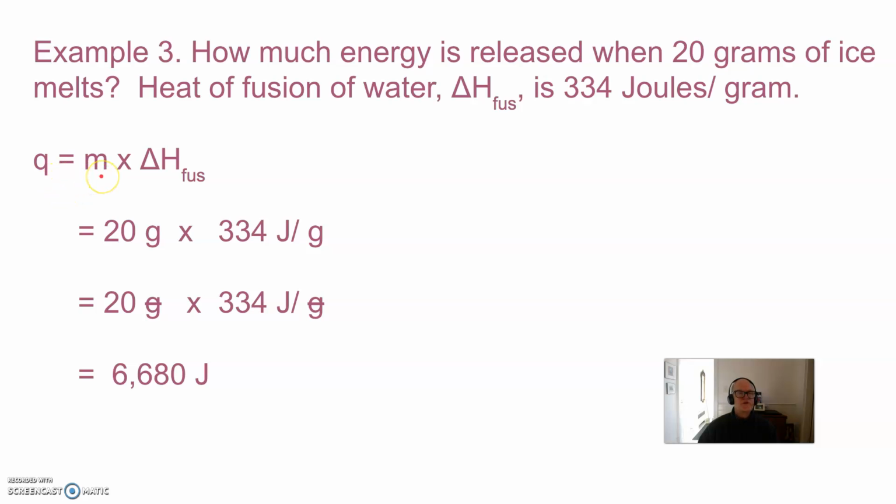The heat transferred equals mass times the heat of fusion, 20 grams times 334 joules for every 1 gram. Grams cancels out. Here's our answer. This energy is not released. It needs to be put into the ice to make the ice melt, and so the sign is positive.